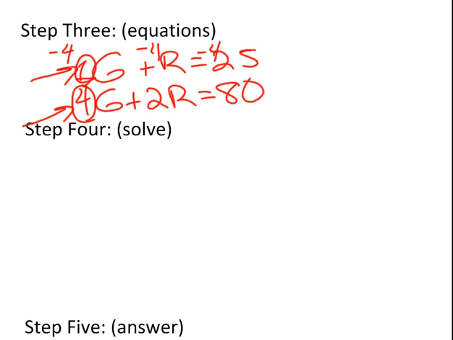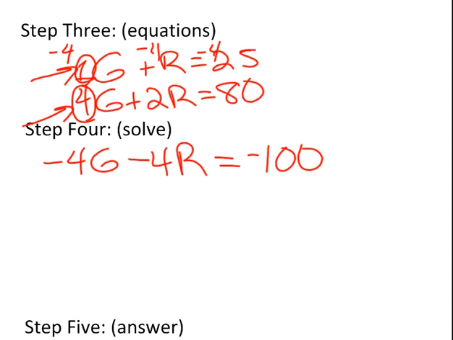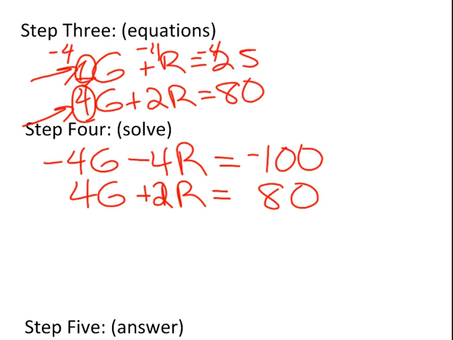Negative 4 times 1G is negative 4G. Negative 4 times R is negative 4R. Negative 4 times 25 gives you negative 100. And the bottom equation I did not have to change. I'm going to add these two equations together.